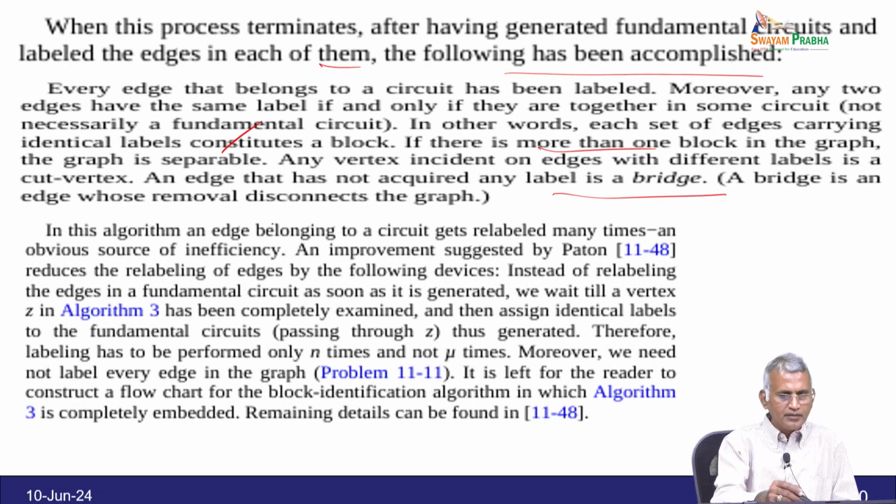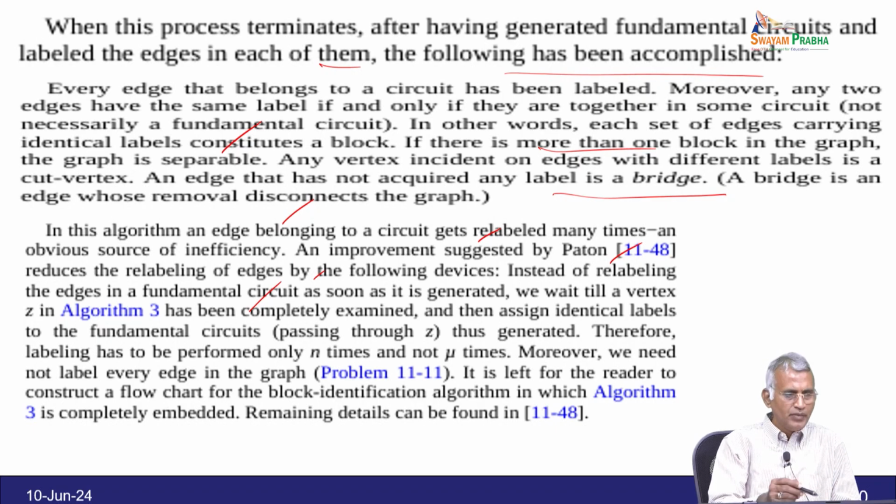In this algorithm, an edge belonging to a circuit gets relabeled many times, an obvious source of inefficiency, and an improvement suggested by Paton reduces the relabeling of edges by the following devices. Instead of relabeling the edges in a fundamental circuit as soon as it is generated, we wait till a vertex z in algorithm 3 has been completely examined and then assign an identical label to the fundamental circuit thus generated.